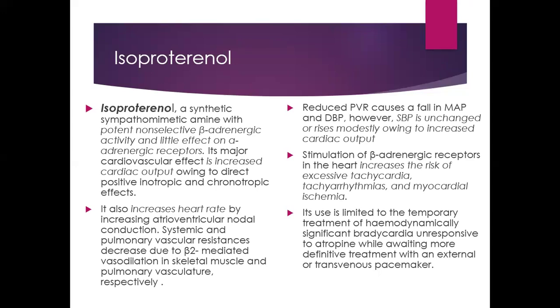All right, its use is limited, as a temporary measure for hemodynamically significant bradycardia that is unresponsive to atropine because of its chronotropic effect, while you're waiting for a more definitive treatment like external or transvenous pacemaker insertion.